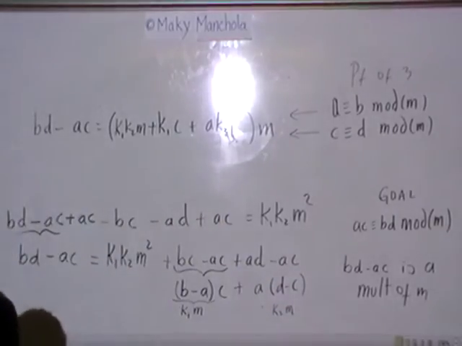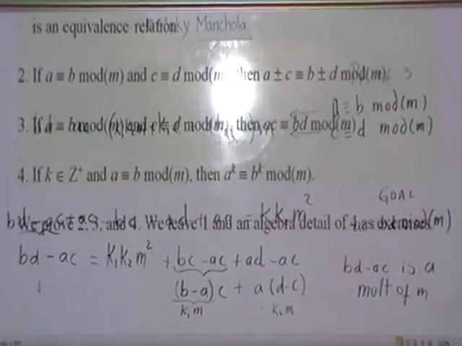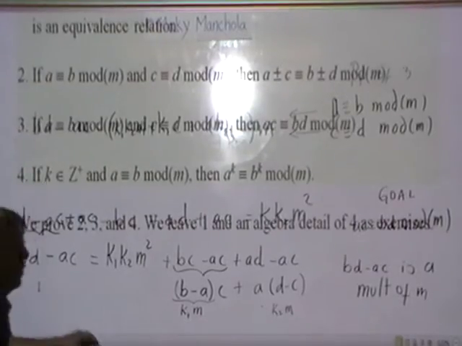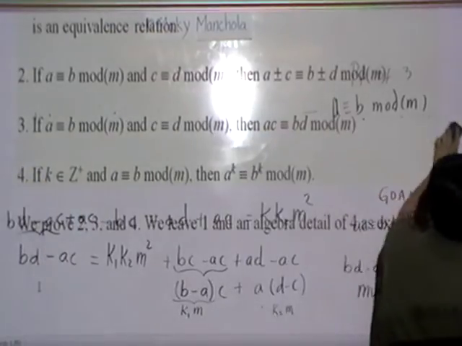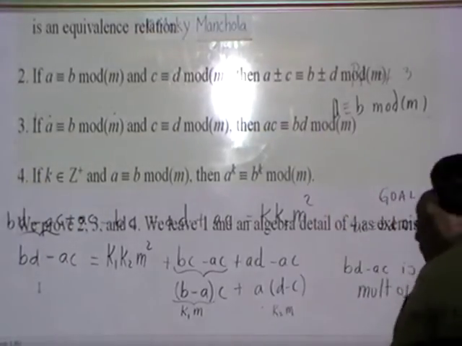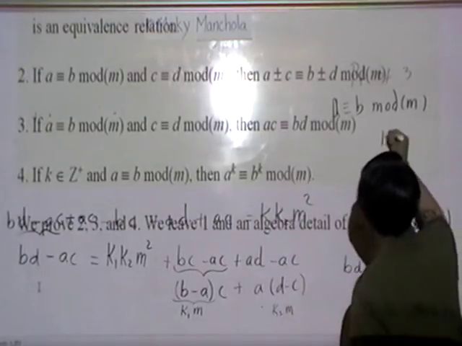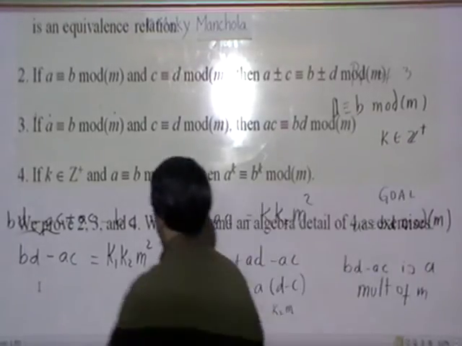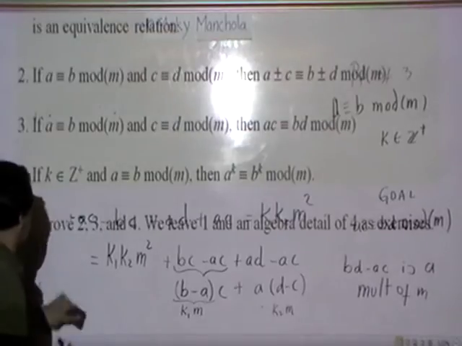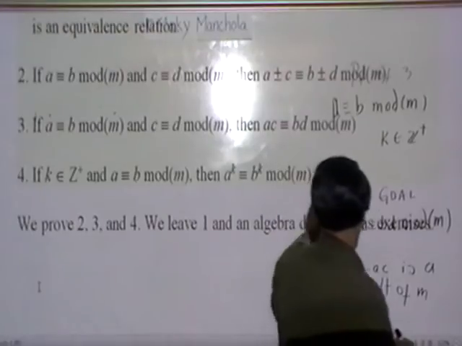All right, property 4. We are going to let k be a positive integer and a be congruent to b. So you have a is congruent to b and k is a positive integer. Now, let's write down what the goal is and realize that it will be relatively simple to reach it.